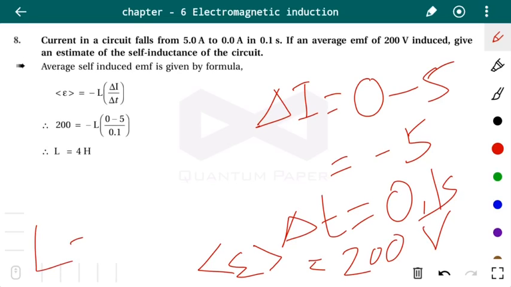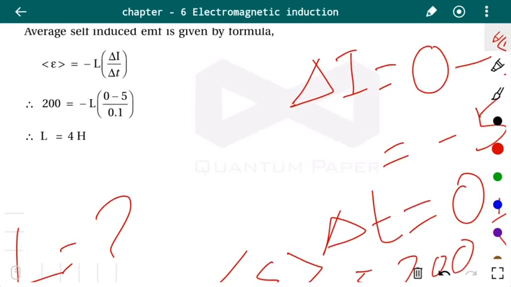Here we need to find L. So we know this equation for the self-induced EMF, that is E equals epsilon equals minus L delta I by delta T. Here taking L as the subject, we get minus L equals 200 upon delta I by delta T. Here delta I by delta T is 0 minus 5 upon 0.1, that is minus 5 upon 0.1.